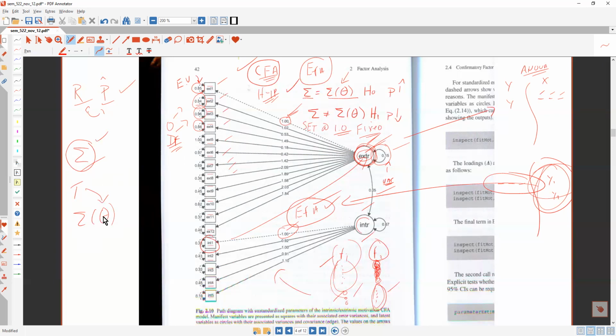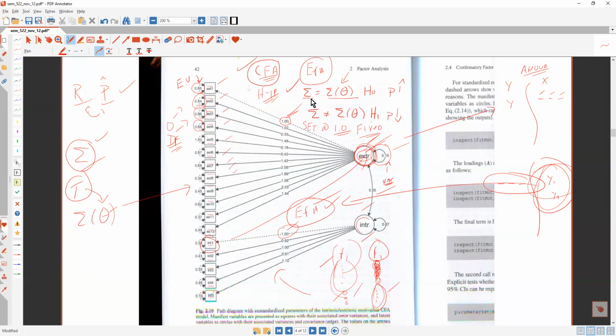So by the estimation of this parameter vector, all these parameters, and the specification of your model, the way you set up your model, because in this particular case, you're choosing how to set it up. You're saying, I want these to load on here, and I want these to load on here. You're estimating that parameter vector. So you can think of that as representing your theory.